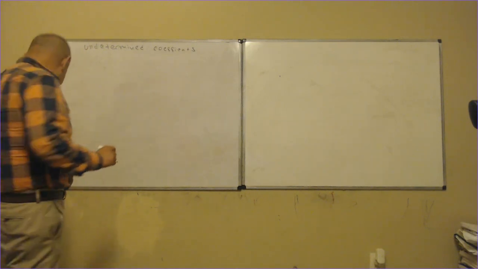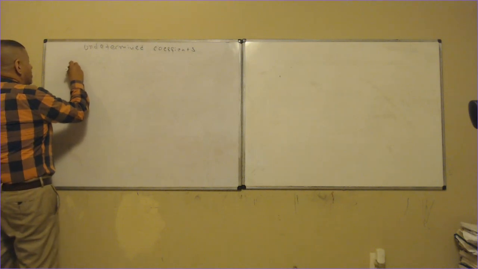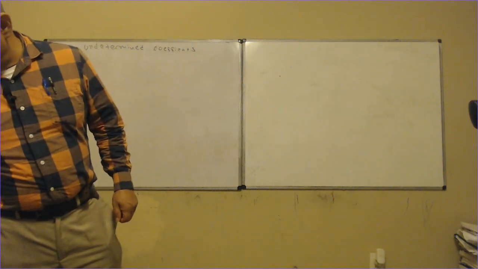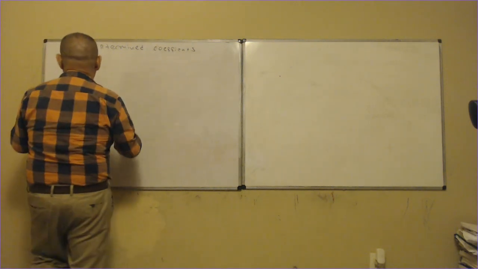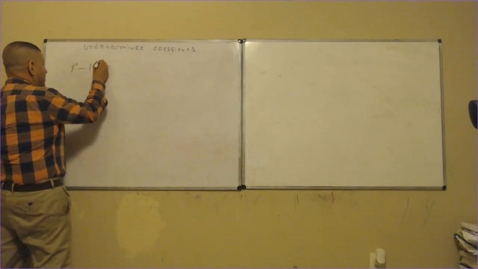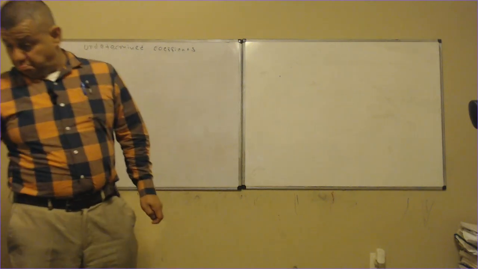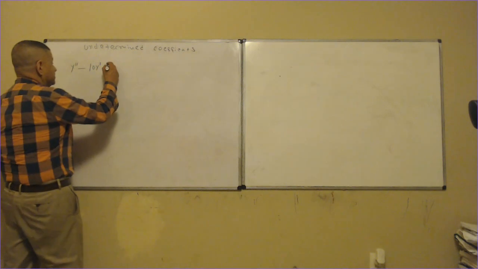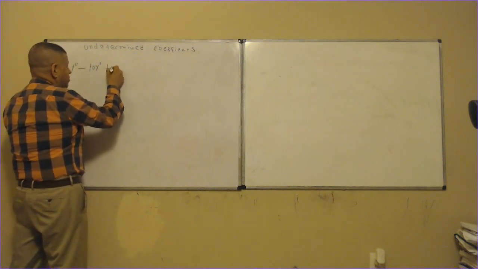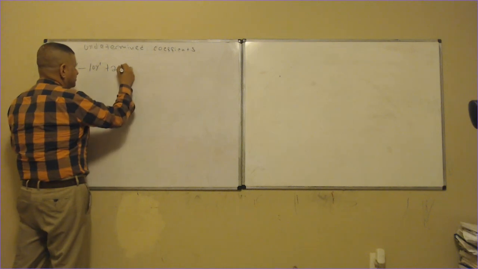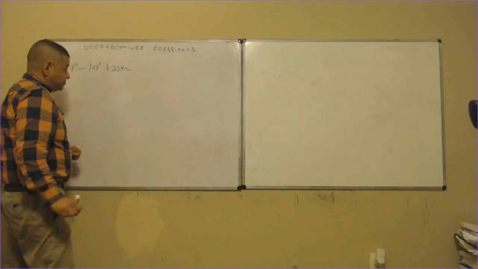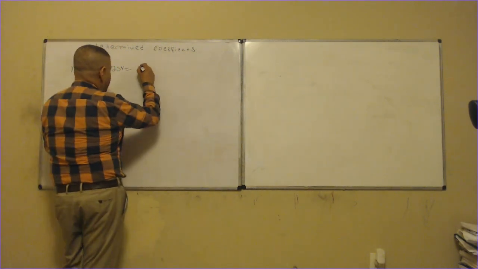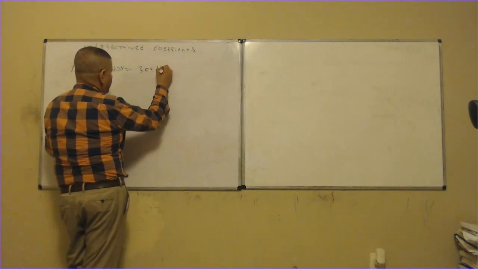So basically, number 3 says y double prime minus 10y prime plus 25y equals 30x plus 3, right?